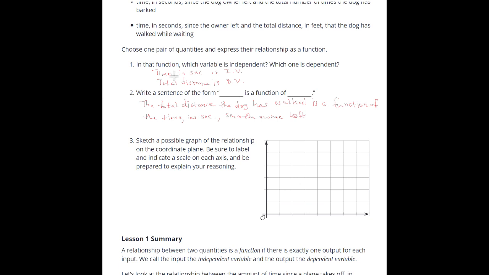So down here again, we can put our time in seconds. And up here, we can put our total distance.